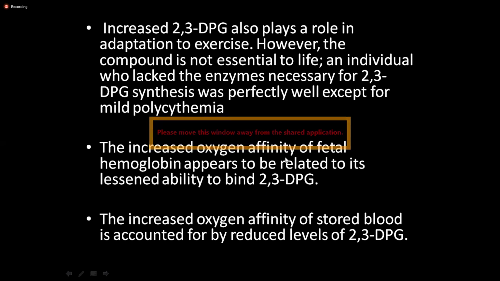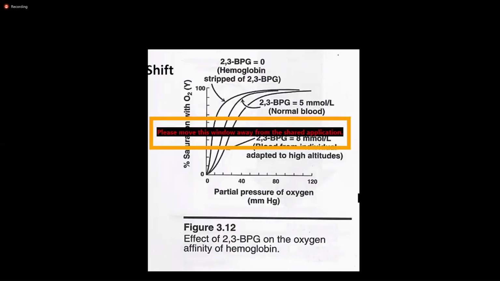Okay, the increased oxygen affinity of fetal hemoglobin is also related to 2,3-BPG, because this 2,3-BPG is very high in the fetus also. Okay, the increased oxygen affinity of stored blood is accounted for by the reduced level of 2,3-BPG.